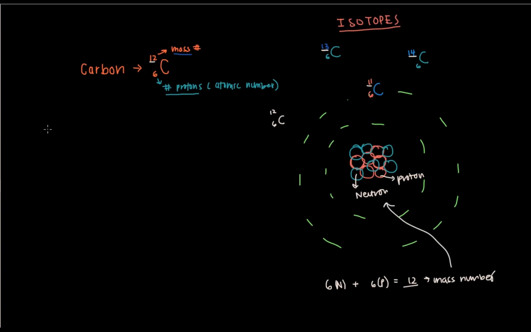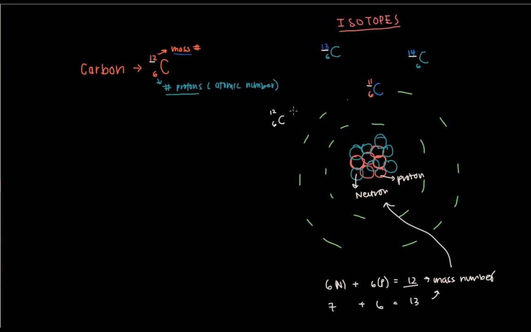What if we added another blue, or a neutron? Now we have C6 and then it would be 13. Because if we look here, we have 7 neutrons plus 6, which is equal to 13, which is now the mass number of this. And the number of protons stays the same.